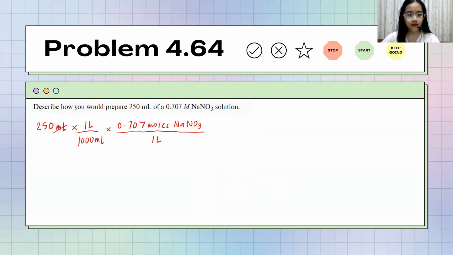So cross out this one, this one. So calculate, and the answer is 0.177 moles of sodium nitrate.